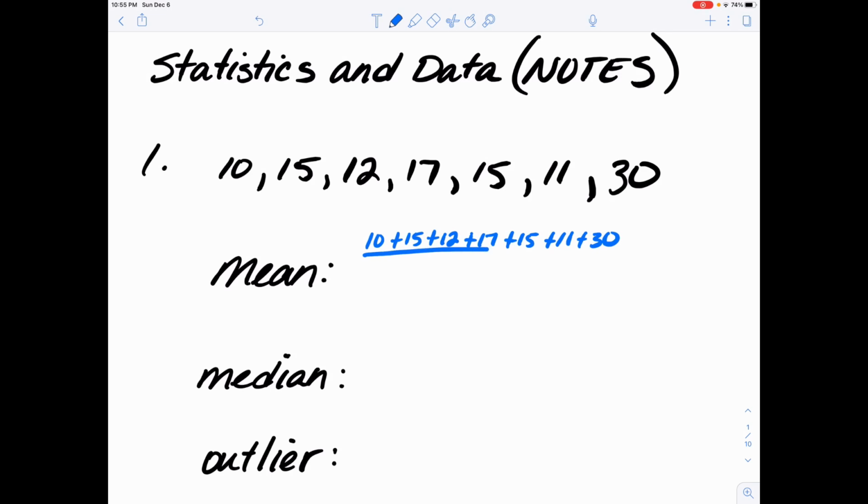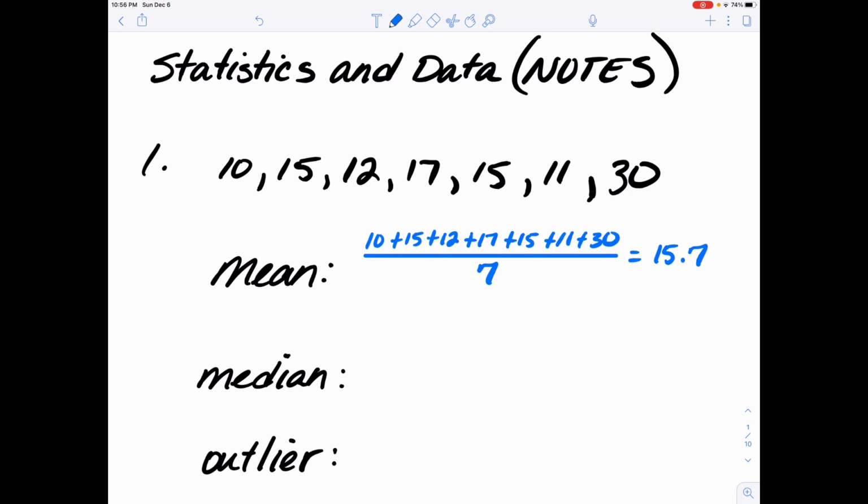And then once I add all of those members of my data set, I need to go back and divide by how many there are. In this case, there are 7 members of the data set, to give me a mean or an average of approximately 15.7.